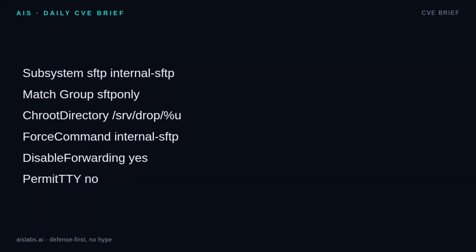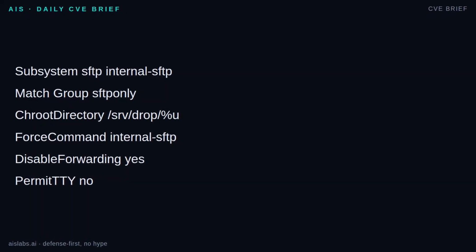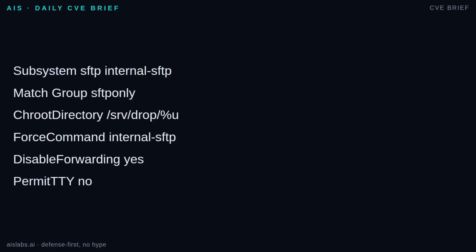This is the core SSHD config block. The subsystem line should be global, outside the match block. Many distributions already have a Subsystem sftp line pointing at an external SFTP server path. Replace it. Do not create 2 competing subsystem entries. Match Group sftp-only says the following directives apply to members of that group.